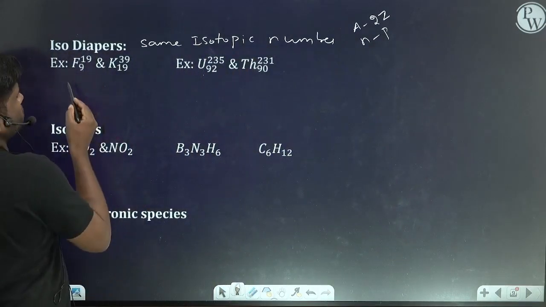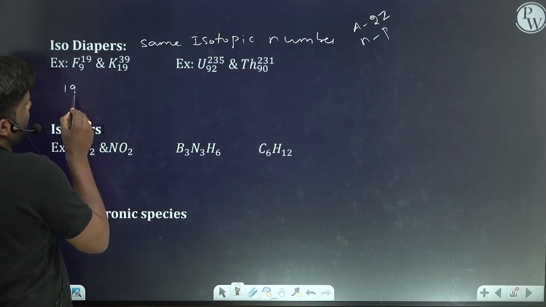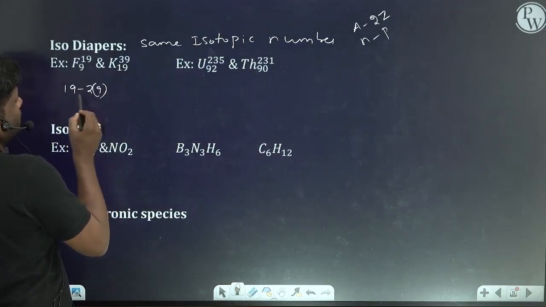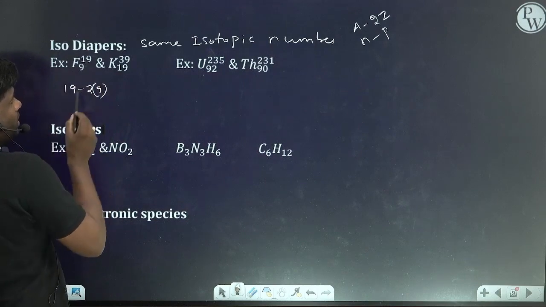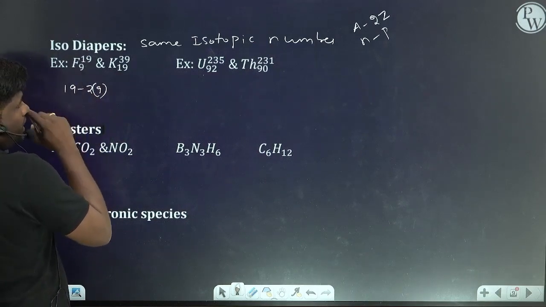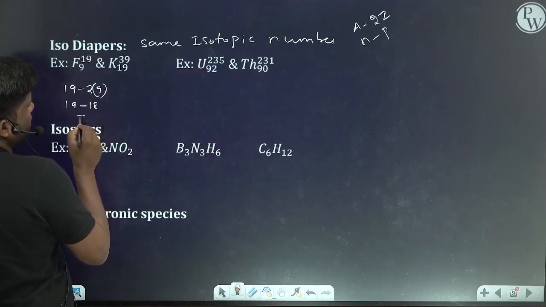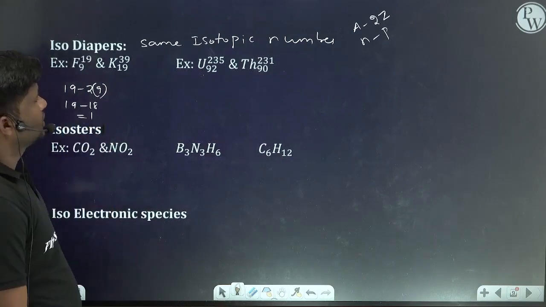A minus 2Z: 19 minus 2Z means 2 into 9. A is mass number, Z is atomic number 9. 19 minus 18 is equal to 1, right?